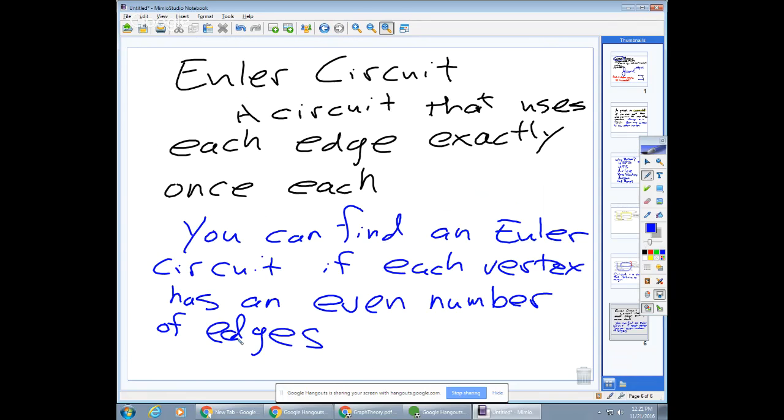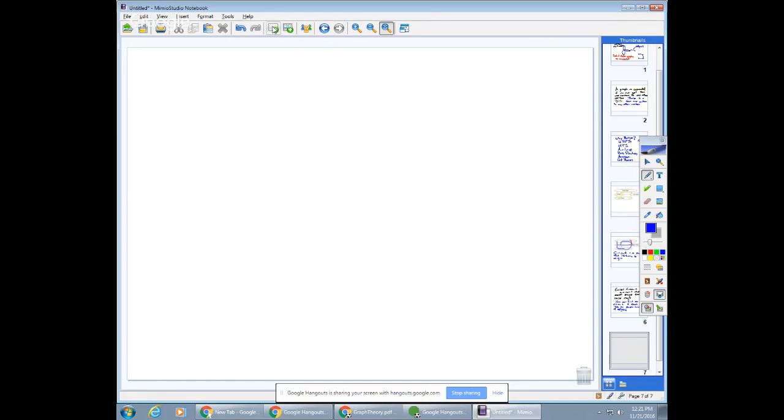Okay. A little more definitions before we do some more work: the idea of the degree of a vertex. That just means the number of edges that vertex is related to.